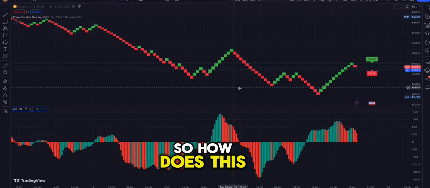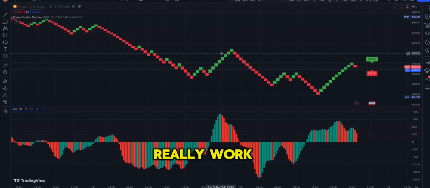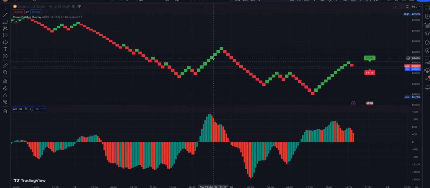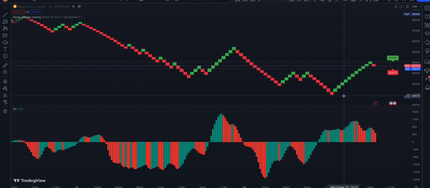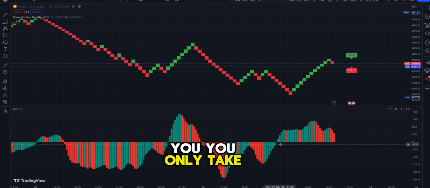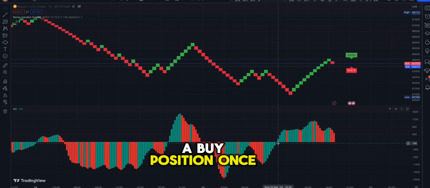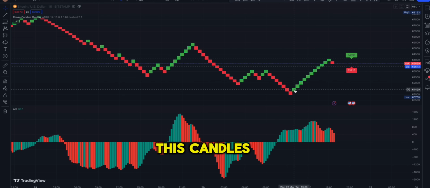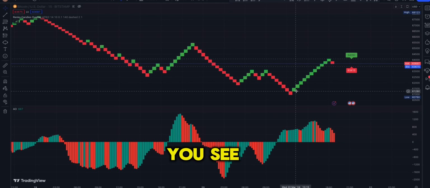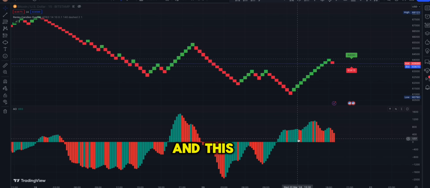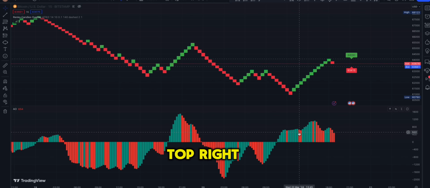So how does this really work? You only take a buy position once you see that these candles have started changing to green colors, and these oscillator candles are also at the top, right?